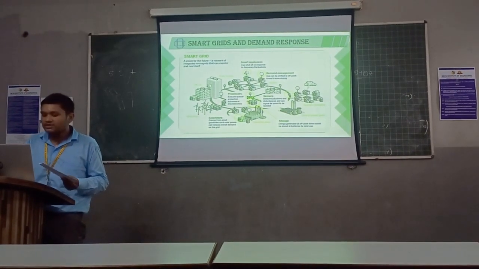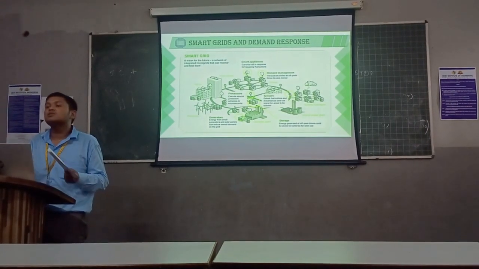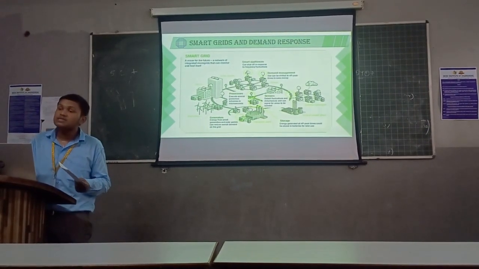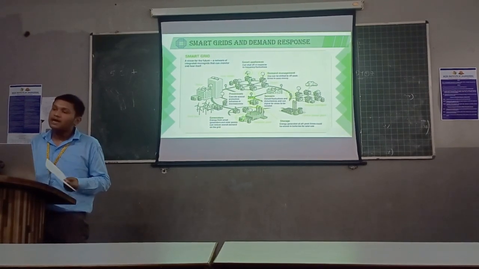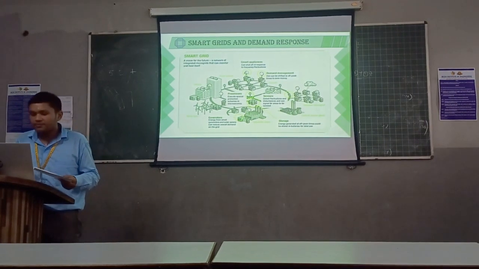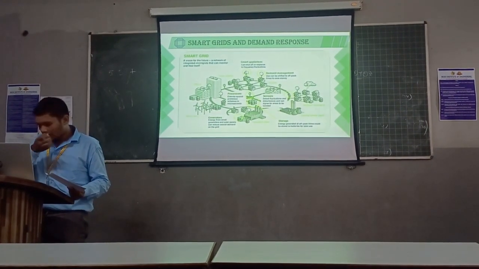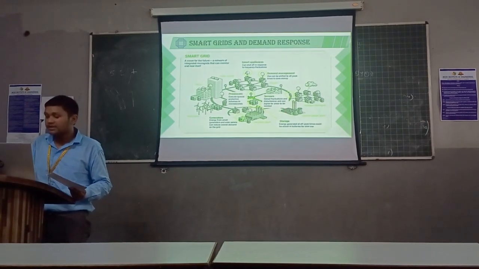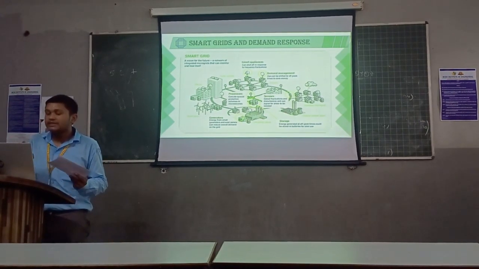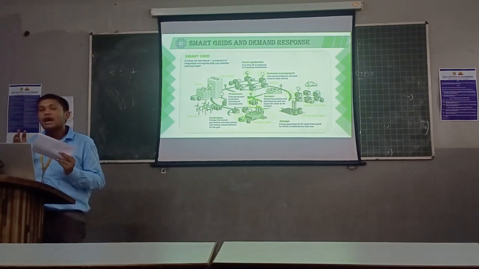So it is stored in storage cells, and then it is pumped to the houses or for general use. In the houses there are smart appliances. These smart appliances use the electricity and can smartly shut off in response to frequency changes. There are also sensors employed in this system which can detect fluctuations and disturbances and can signal for isolation.